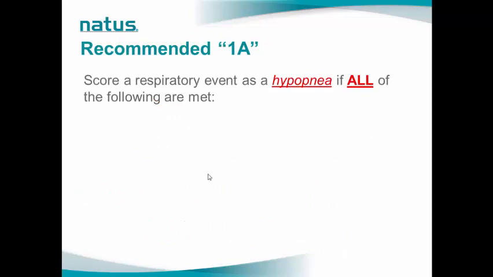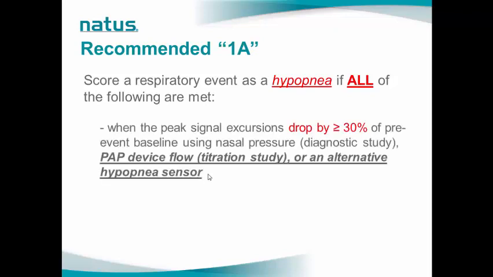There are two definitions as per the AASM to score hypopneic events, the recommended 1A and the accepted 1B. So according to the recommended 1A, score a respiratory event as a hypopnea if all of the following are met. The drop should be more than or equal to 30%, using nasal pressure if it's a diagnostic study, using PAP device flow if it's a titration study, or using an alternative hypopnea sensor like XSUM and XFlow.